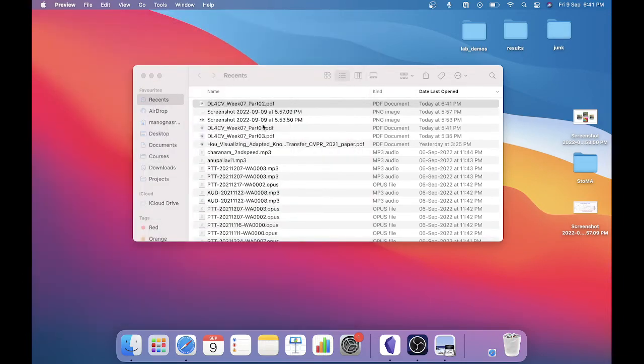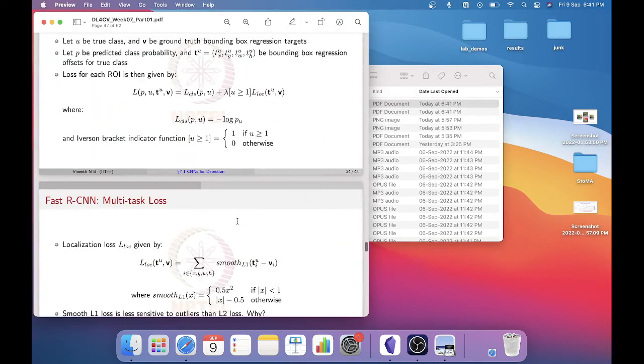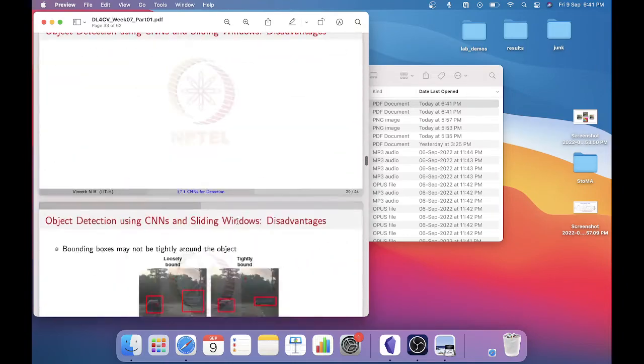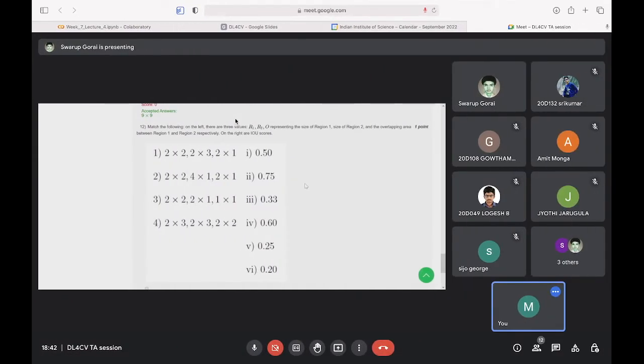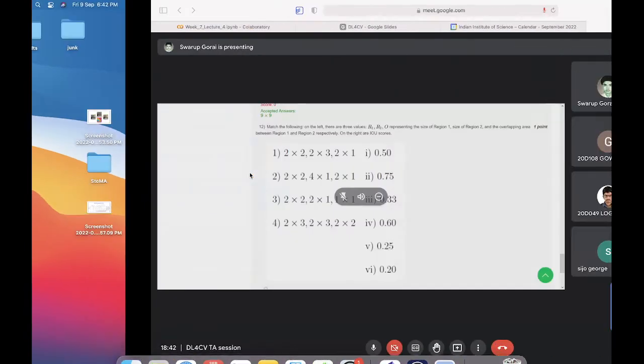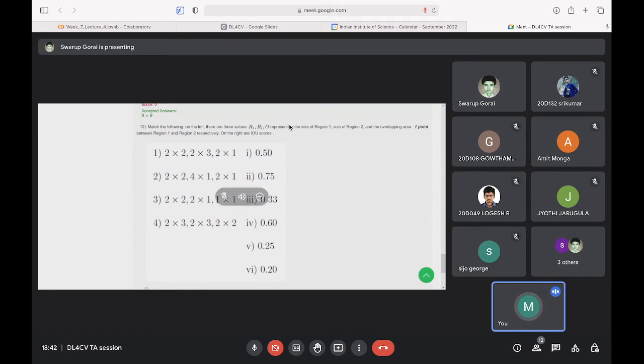If you have two bounding boxes... See, they've given the sizes of the blocks: 2 cross 2, 2 cross 3 and 2 cross 1.